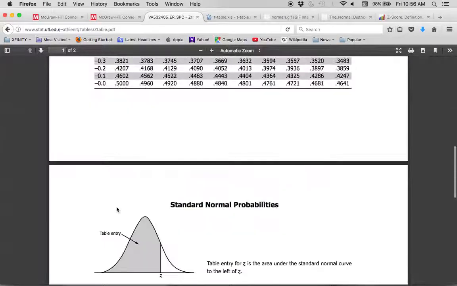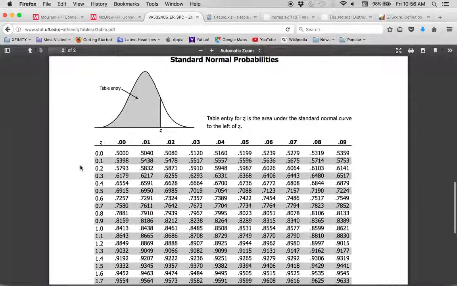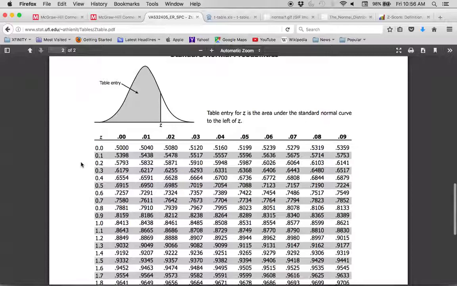And same thing if we go to positive 0, right, 50%. And this still is telling us the area under the standard normal curve to the left of z, all right. So the standard normal, again, represents the whole population, so the total area is 1. Half of it is below 0, the z-score of 0.